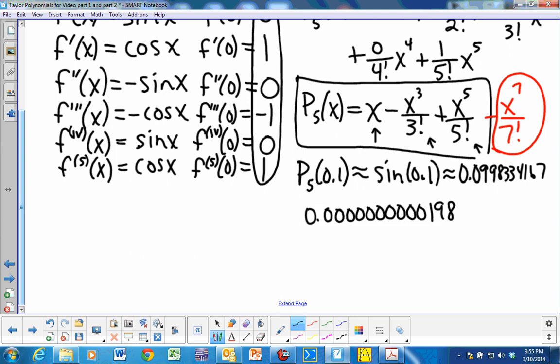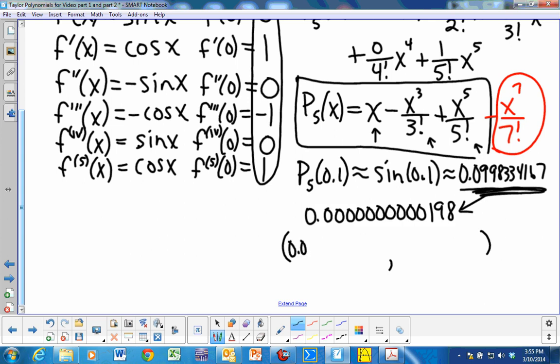So our approximation is plus or minus that number. So that's the interval that includes the true value. If I want to actually write the interval that our actual answer lies in, I need to take this number and subtract that, and take this number and add that, and that's my interval.